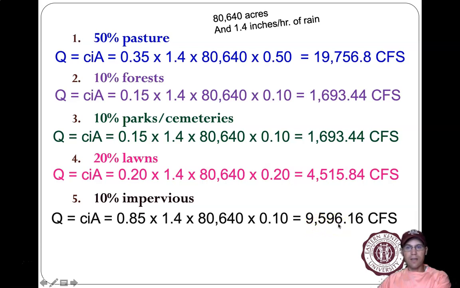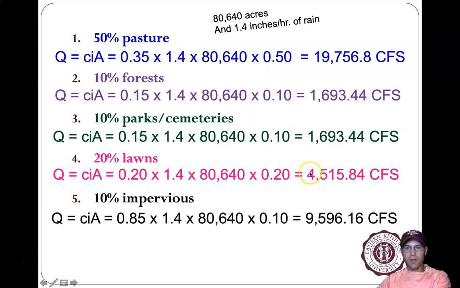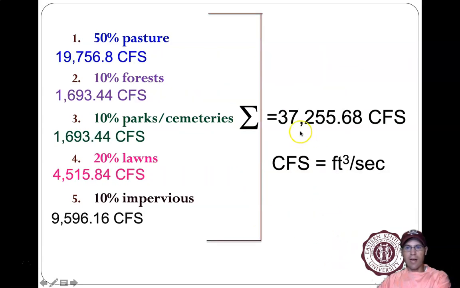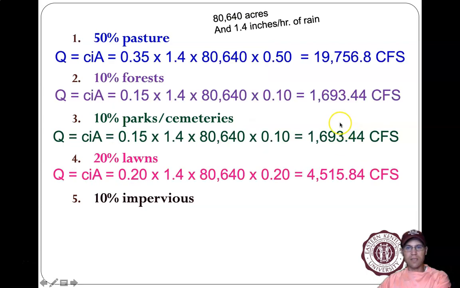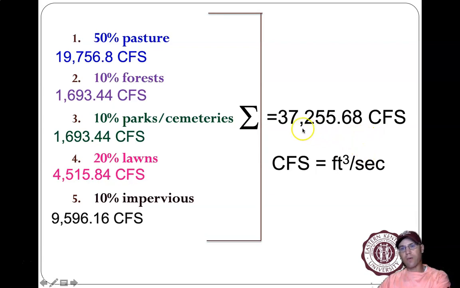You can see all these things will sum to a big number, so we sum all those things up. All those numbers here, they all add up to 37,255.68 CFS. Now, I don't necessarily think we need to include the decimal, since, are we really being that accurate? So anyways, it's 37,255 cubic feet per second, which also could look like this, or the sec could be an S.